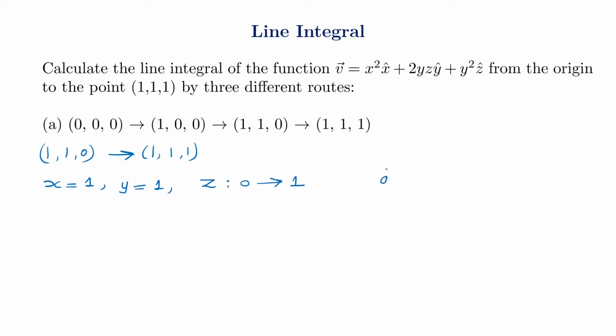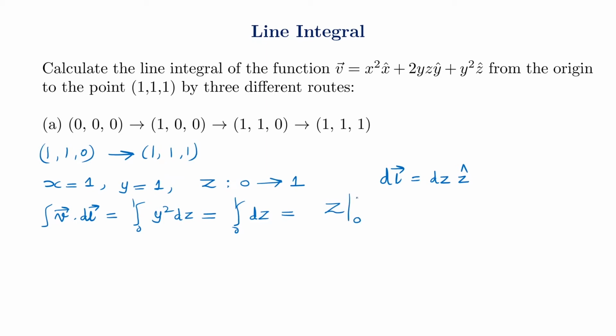In this case, dl is equal to dz times z hat, and the line integral of v dot dl is equal to integral 0 to 1 of y square dz, that is equal to integral 0 to 1 of dz, that is z with limits 0 to 1, which is equal to 1.